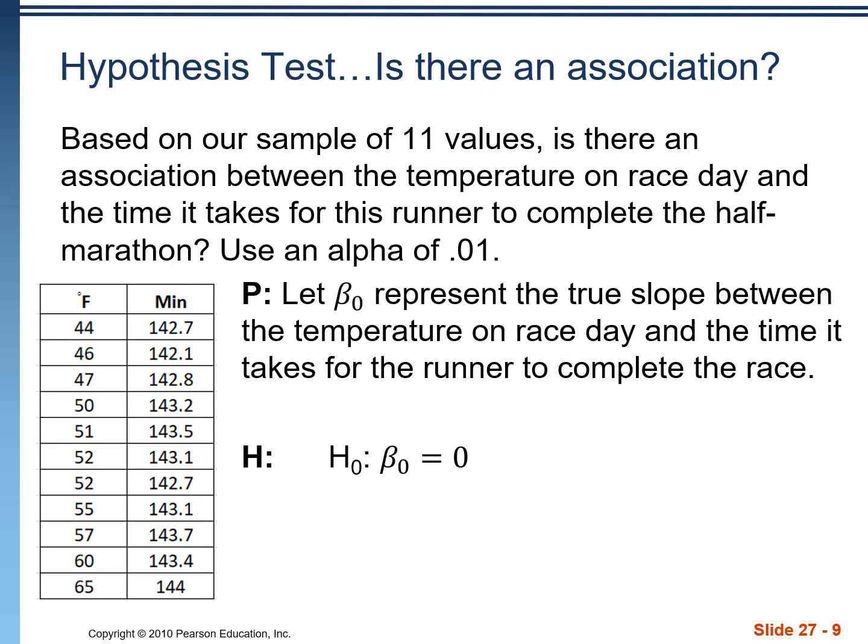In other words, they're independent. The alternative in this case is just that they are associated. It would either be positive or negative, uphill or downhill. Depending on the wording of the problem, it could be greater than or less than. So it could say, is there a positive association or a negative association? Just like all our other hypothesis tests, it could be any of those three options.